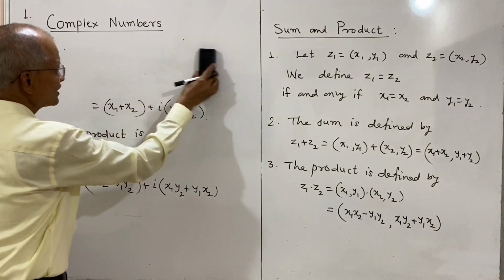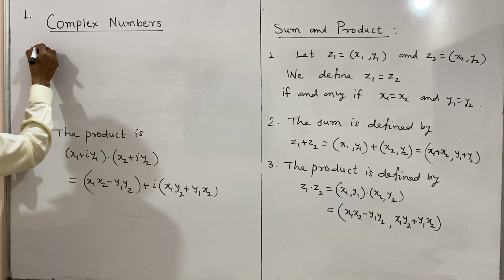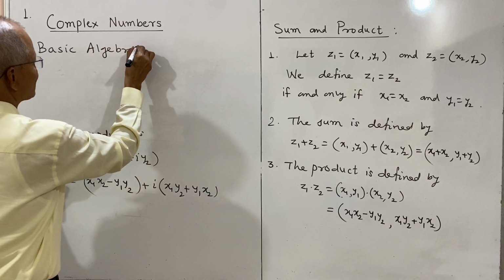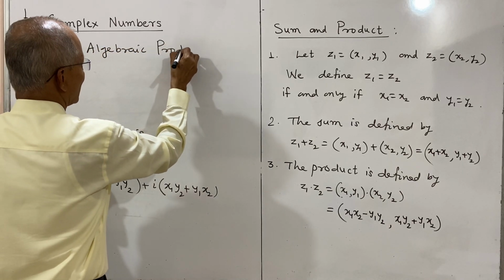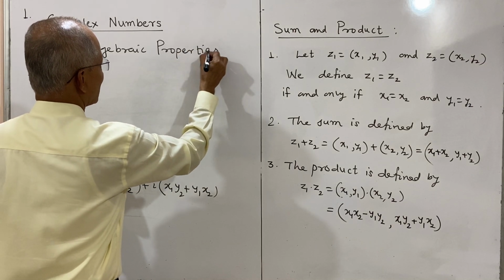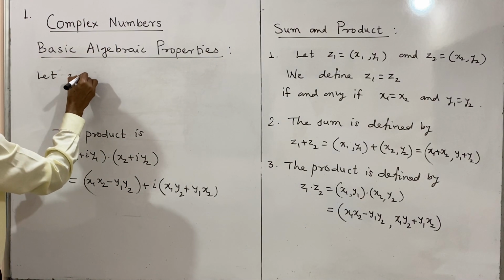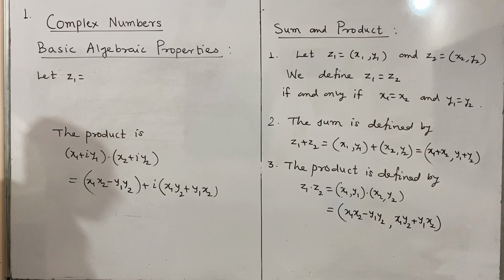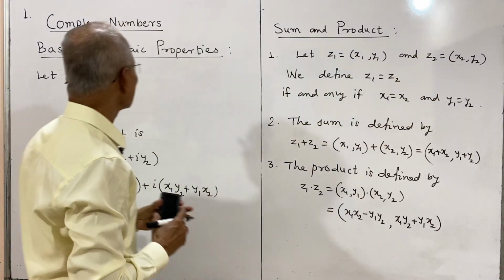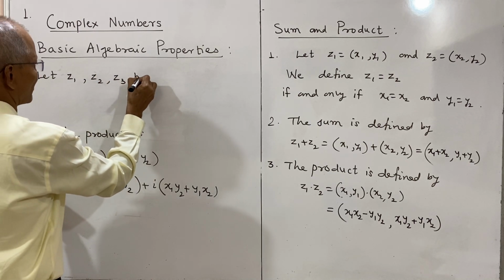Now we shall see some basic algebraic properties of complex numbers. For this purpose, let z1, z2, z3 be complex numbers denoted by this notation (x1, y1), (x2, y2), etc. Or we shall write only z1, z2, z3 be complex numbers.